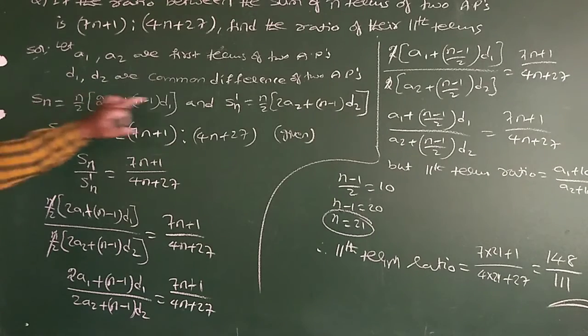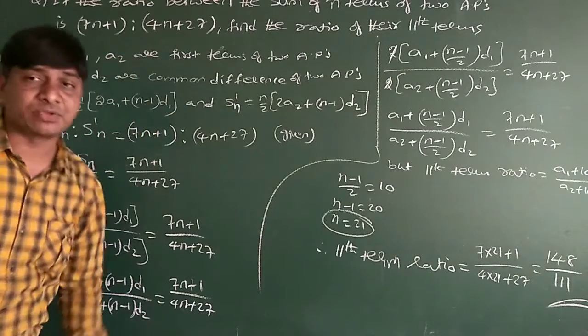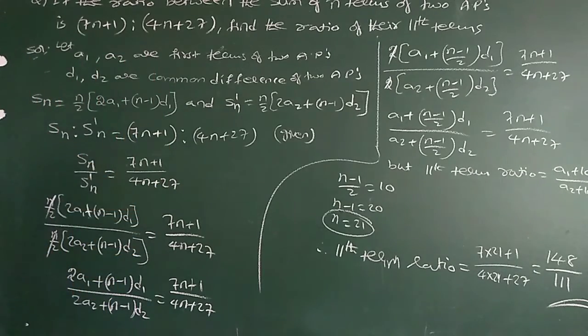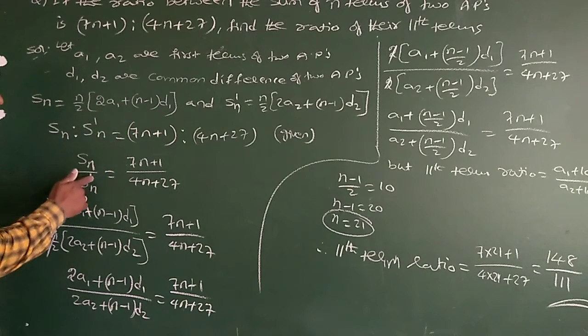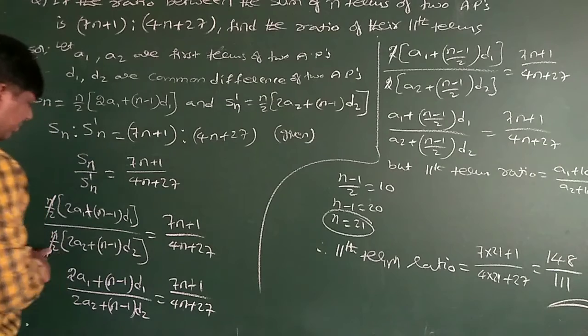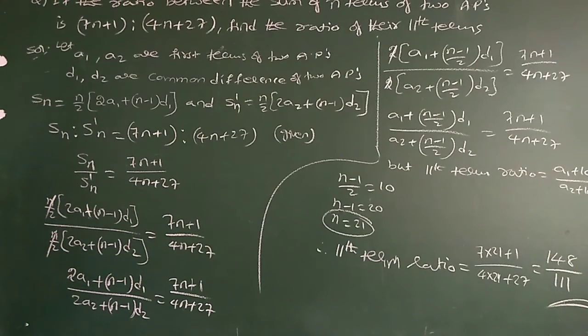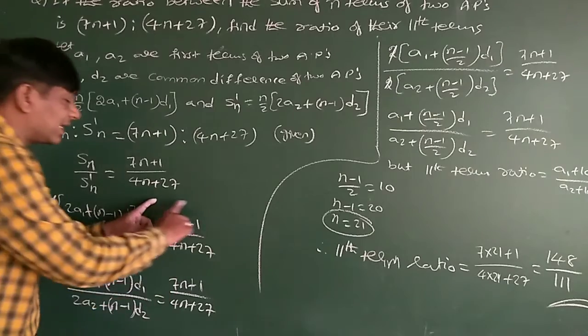Sn is to S dash n is equal to 7n plus 1 is to 4n plus 27, given. So n by 2 into 2a1 plus n minus 1 into d1 by n by 2 into 2a2 plus n minus 1 into d2 is equal to 7n plus 1 by 4n plus 27. These are all given information.